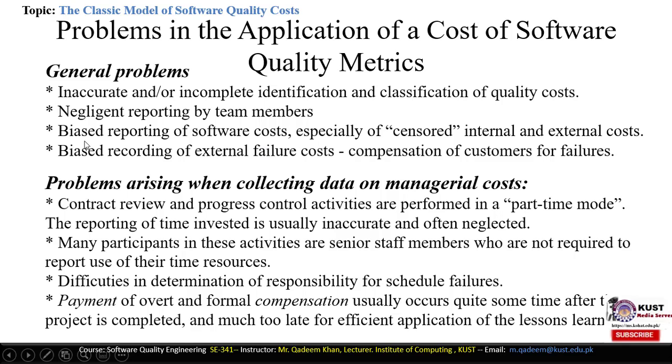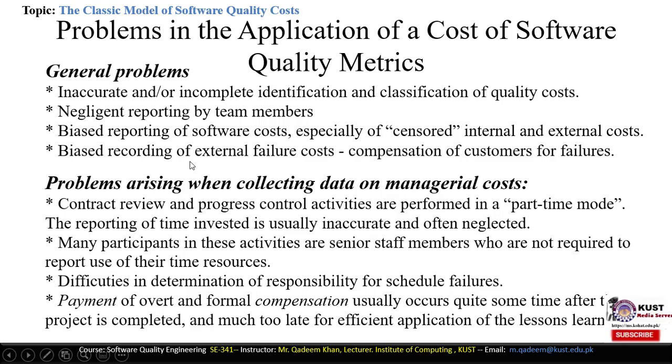Bias means that if they intentionally provide wrong data or biased information about the software cost, especially if censored internal and external cost. Censors means that if there are third parties which include or exclude the internal or external cost, and they are censors. All these costs will be called biased reporting cost here.